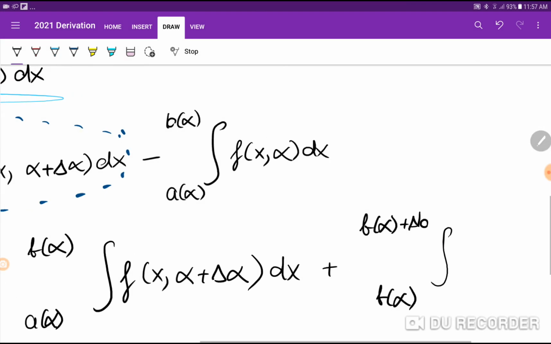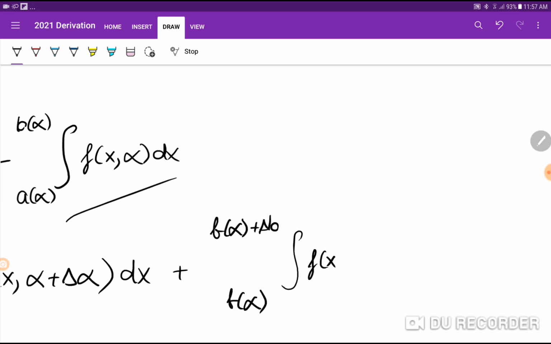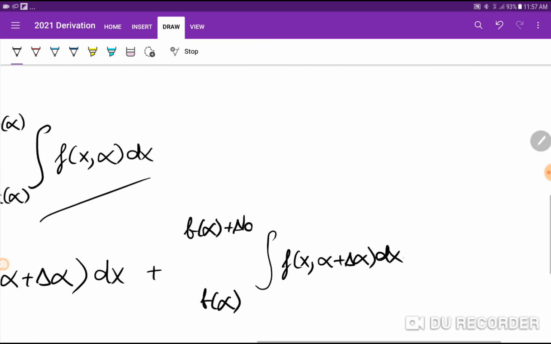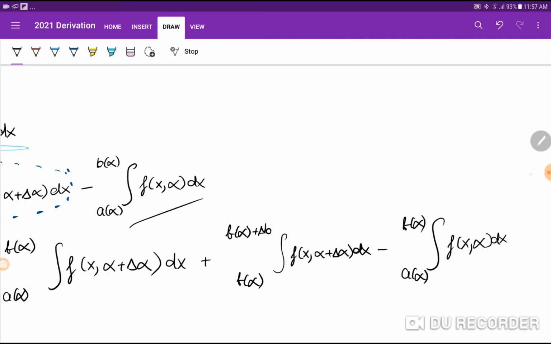Okay, and then you minus this term. So wait, let me fill it up. Minus the integral from a(alpha) to b(alpha) of f(x, alpha) dx. Okay, so far so good.